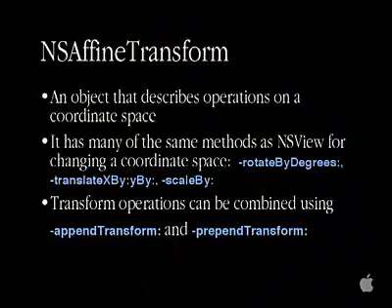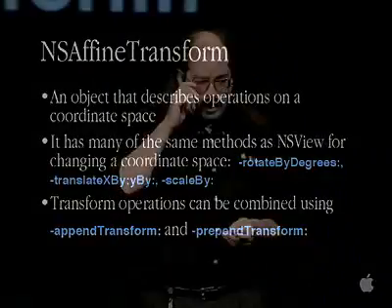We've got methods that are very much like manipulating a view's coordinate space, but they can apply to an affine transform. You tell it rotate by degrees, rotate by radians, translate x by and y by, or scale by. Transform operations can be combined using append and prepend transform. And it matters what order you do certain transformations in, so it's something else you want to experiment with.